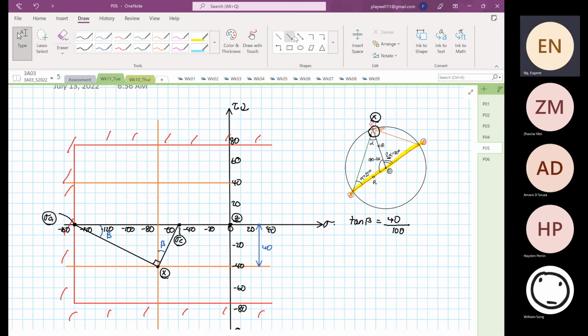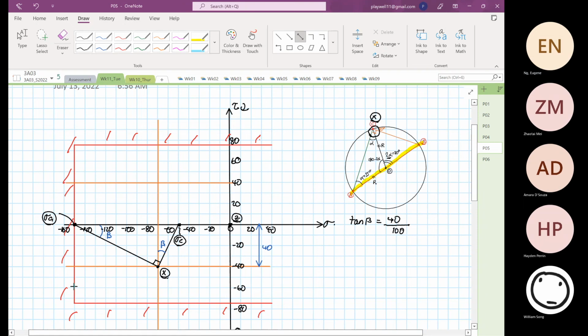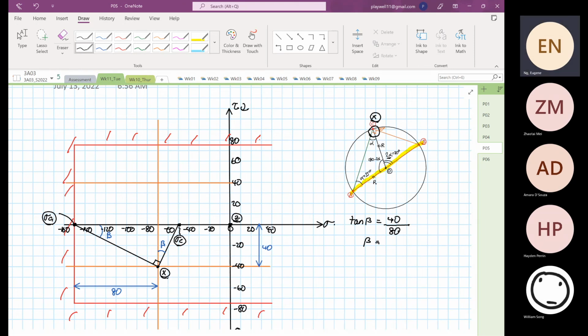And the distance from here to here, sorry, it's not 100. Counting 10, 20, 30, 40, 50, 60, 70, 80, it is 80. I do apologize. So this is 80. So beta angle is equal to 40 divided by 80, inverse tangent, is 26.565 degrees.